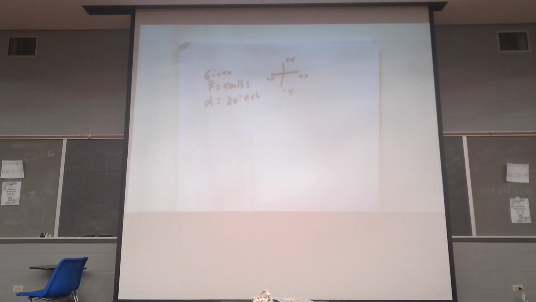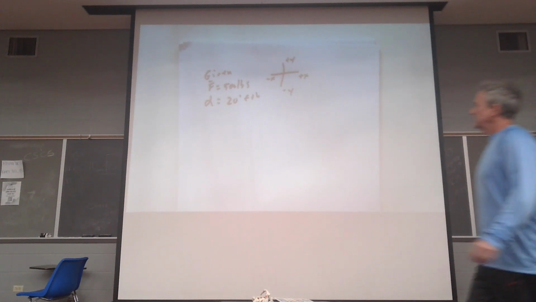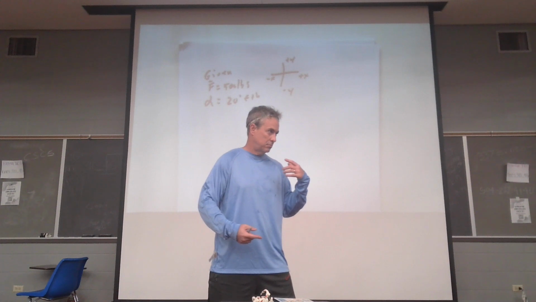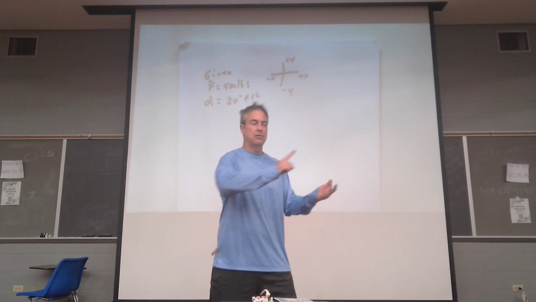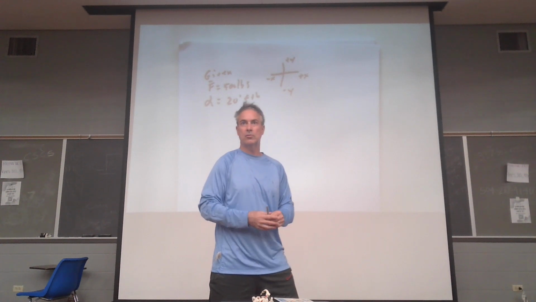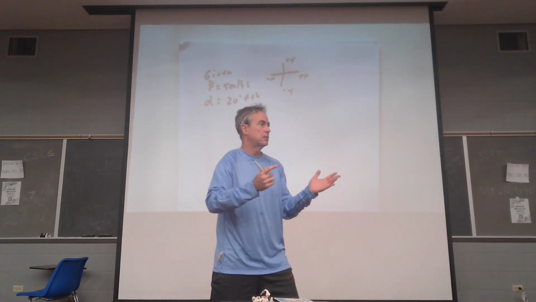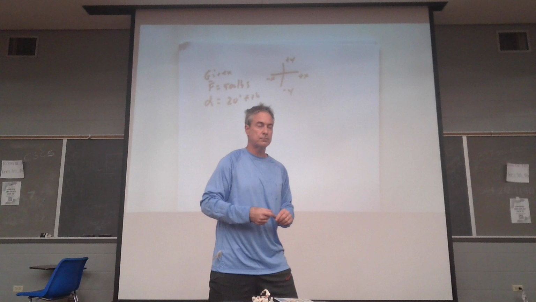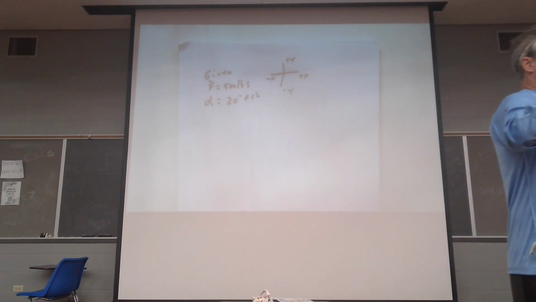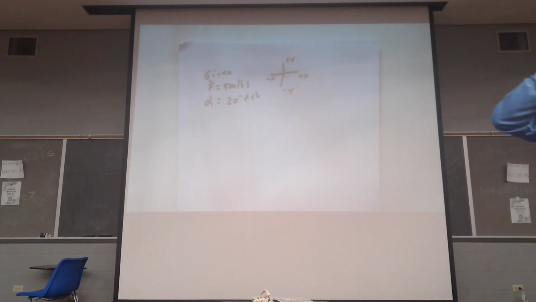Okay, so remember, all we're setting up is a measured amount of force, influence, being applied at a certain angle. And I give you that angle, 20 degrees. We could measure it, but I'm giving it to you. What I need you to see: X forces influence X motion, Y forces influence Y motion.